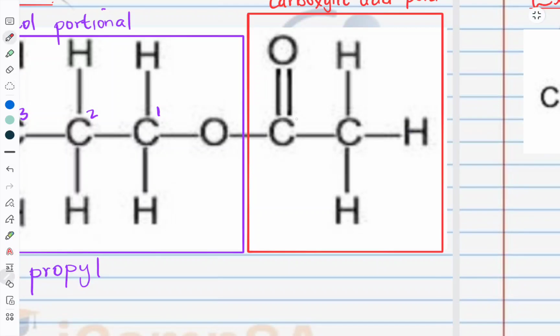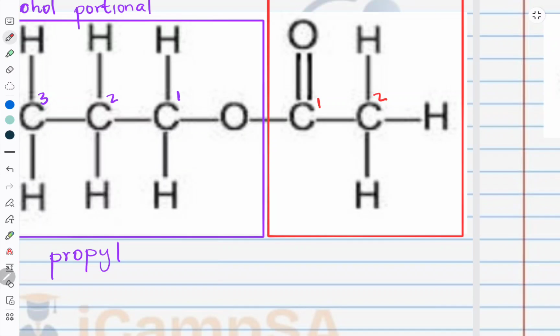So this carboxylic acid has 1, 2 carbon atoms. So this is an eth. The stem name is eth, and since now we are on carboxylic acids, we move from ethanoic acid, and then we said we are replacing this part, and then now it becomes an ethanoate.